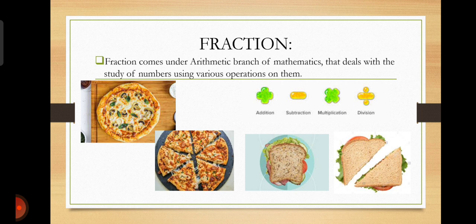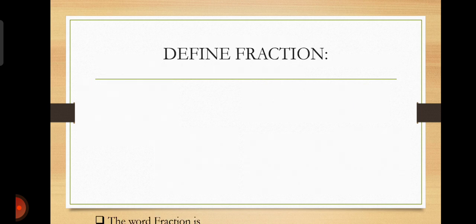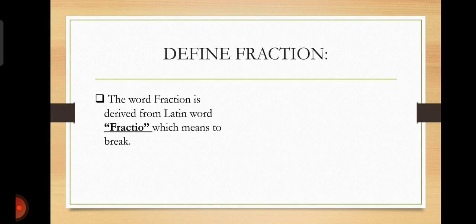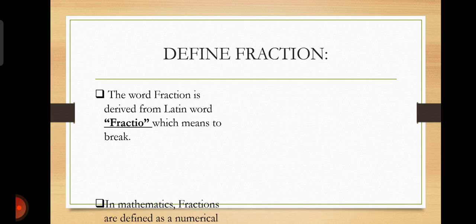So today in this video we will be learning about different types of fractions and the operations on them. Define a fraction. Fraction is basically from the Latin word fractio, which means to break. So in the earlier slide we saw that one whole pizza was cut or broken into 6 different pieces, and a sandwich was also cut into 2 different slices.